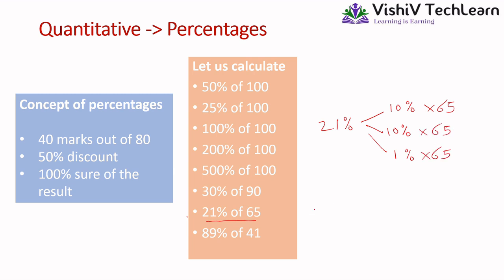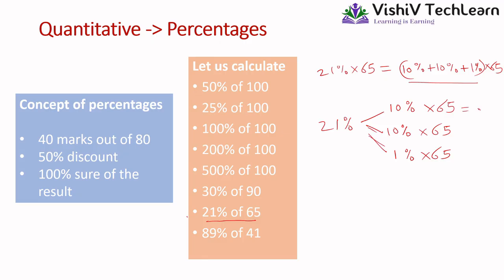So 21% of 65, where of means multiplication, can be written as 10% plus 10% plus 1%, and out of the bracket, the multiplication of 65 will be as it is. This is how we are going to do it. So we split this into three parts.